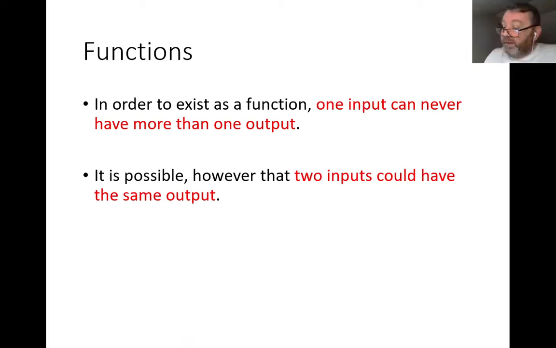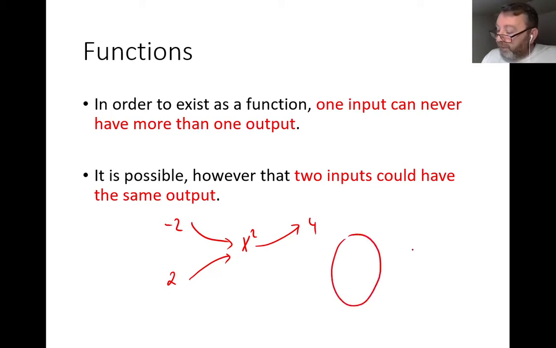Now, for example, if we take x squared, if I put in -2, what happens? -2 goes in, I square -2, plus 4 comes out, okay? If I take +2 and put it in, what happens? Exactly the same journey. So therefore, if I was to demonstrate this here, what I would say would be the following.